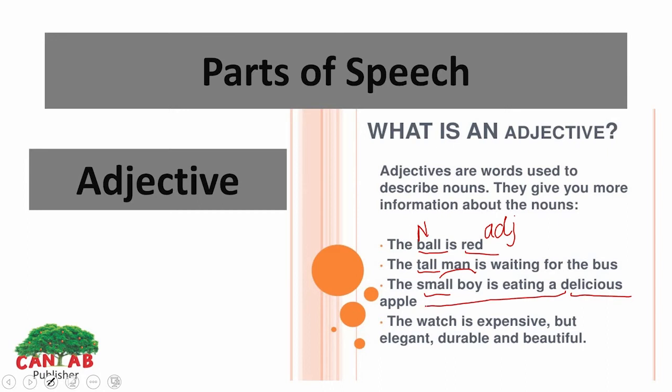The watch is expensive but elegant, durable, and beautiful. We have 4 adjectives in this sentence: expensive, elegant, durable, and beautiful. All these words are describing the noun watch.